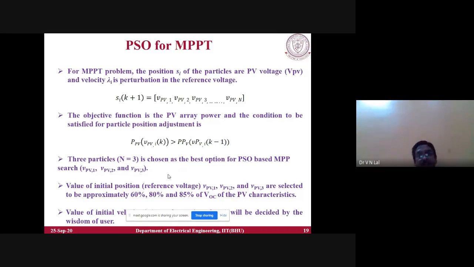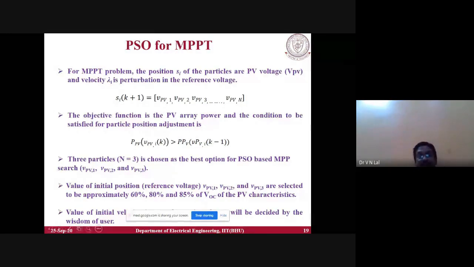So MPP tracking will be very slow, and the purpose will not be solved. So the bare minimum is 3 particles. You cannot choose fewer than 3.